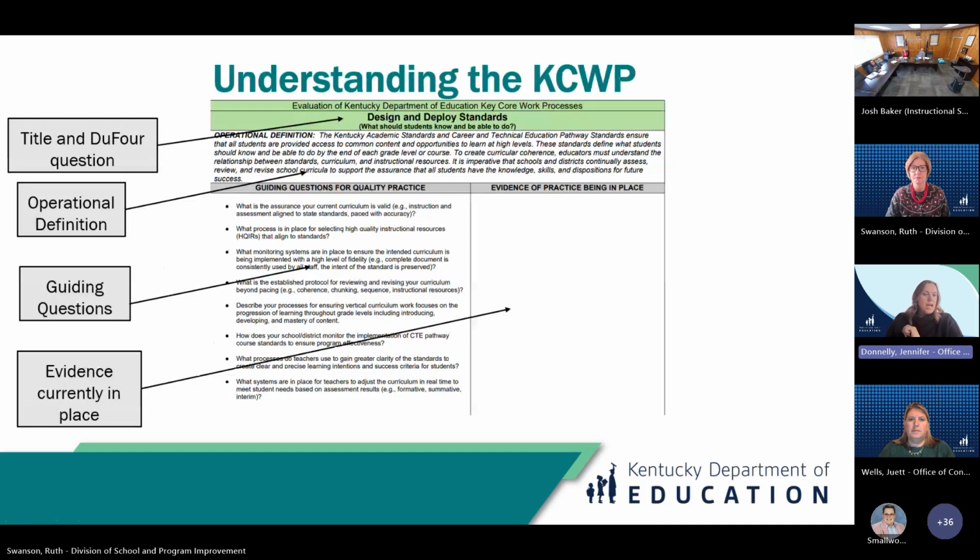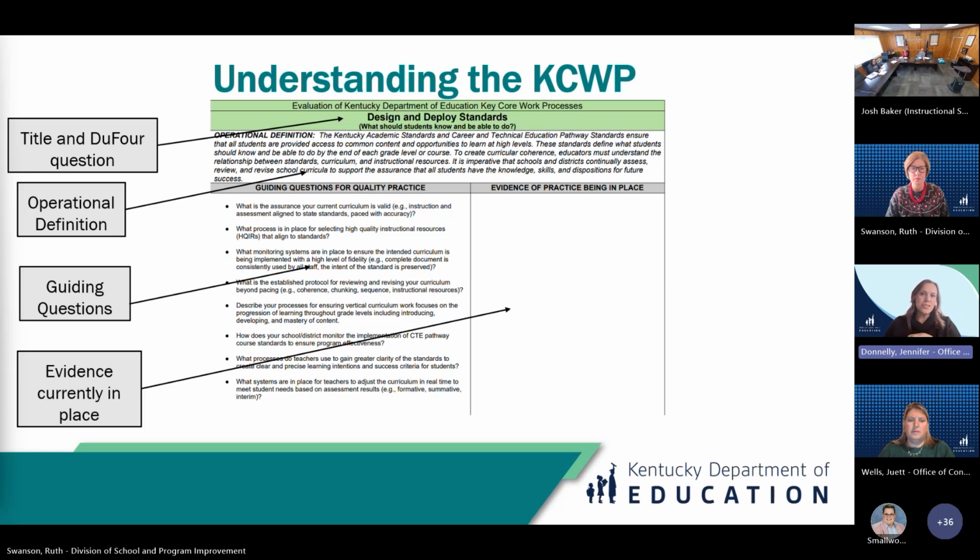So when you look at your key core work processes, like Ruth said, hopefully you've already turned this in on November 1st, but you might go back and look at the evidence you wrote and think about it through the lens of your targeted subgroup. So for example, if you have been identified TSI because of your students with disabilities population, then you might go through and look at that definition.